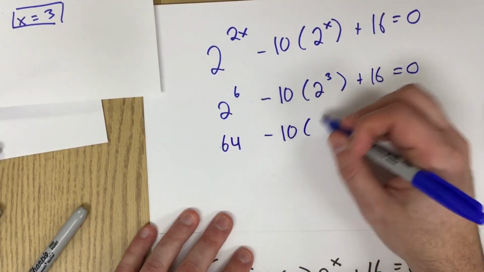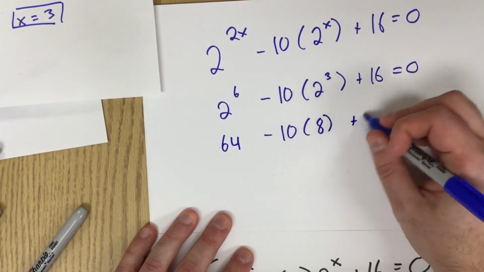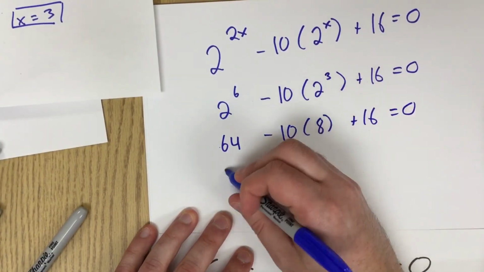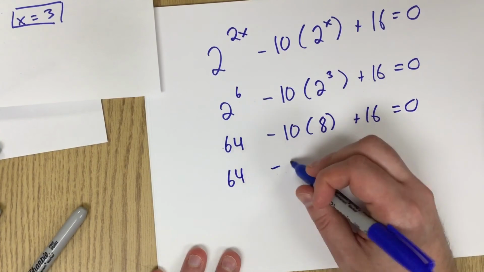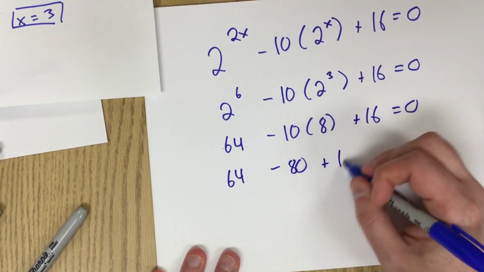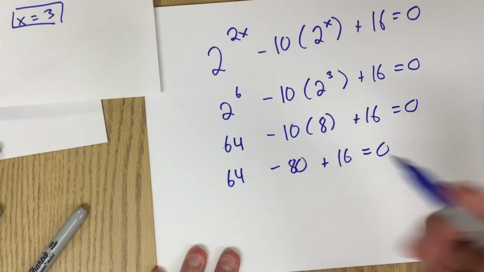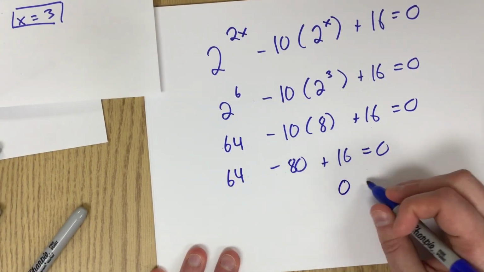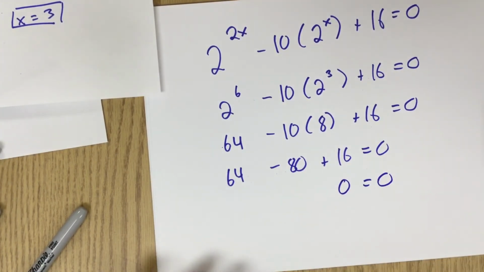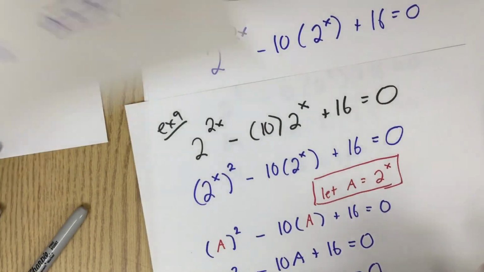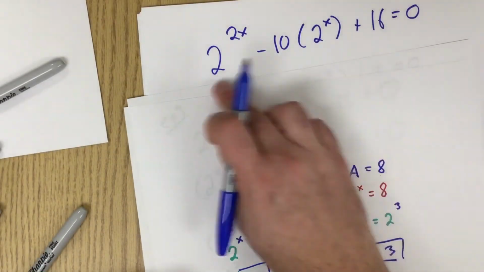Minus 10 times 2 to the 3, which is 8. This is looking good. 64 minus 80 plus 16 equals 0. And 64 plus 16 is 80. 80 minus 80 is 0. 0 equals 0. So x equals 3 is in fact a solution to this equation.